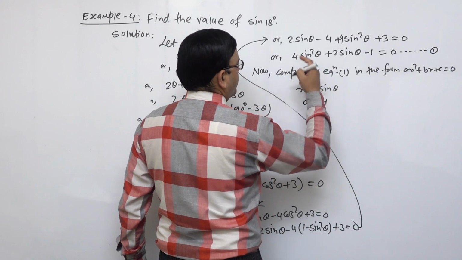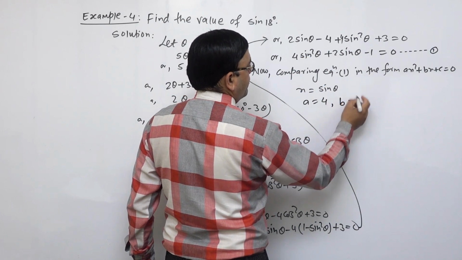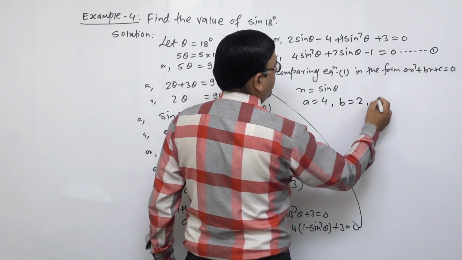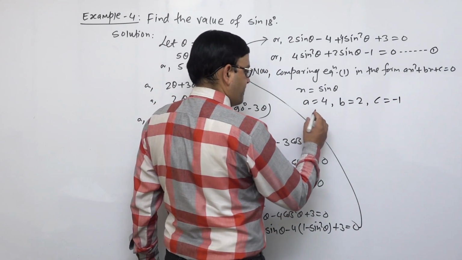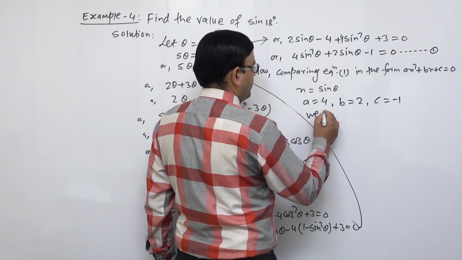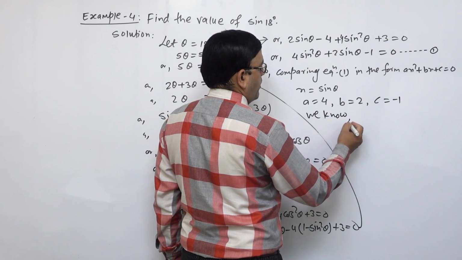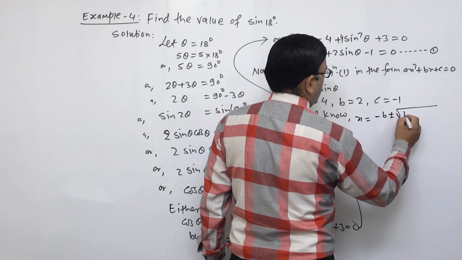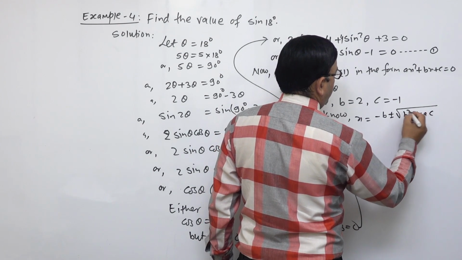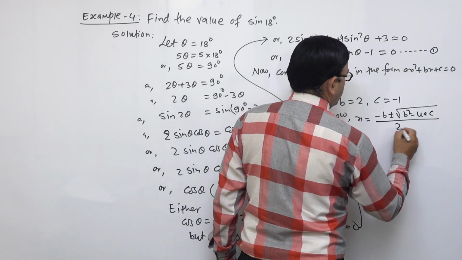Here a is 4, b is equal to 2, and c is equal to minus 1. Now using the formula, we know x is equal to minus b plus minus root under b square minus 4ac, whole by 2a.